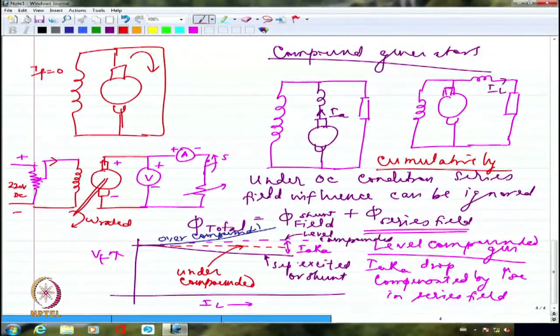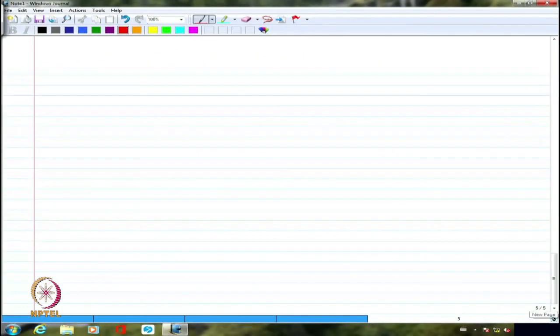Obviously, there should be another configuration where they oppose each other, where phi total is phi shunt minus phi series.